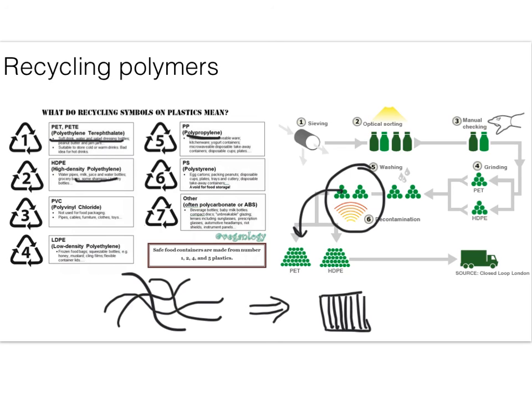But there's a numbering system right here you can see, and this numbering system lets you know the chemical formula of what it is composed of. So you can see that a lot of the plastics that we utilize on a day-to-day basis are really just a handful of polymers. Polyvinyl chloride, so you can imagine that has chlorine atoms hanging off of it. Polypropylene, this has methyl groups hanging off of it. So each one of these corresponds to a chemical structure.